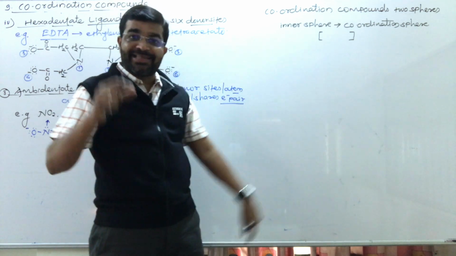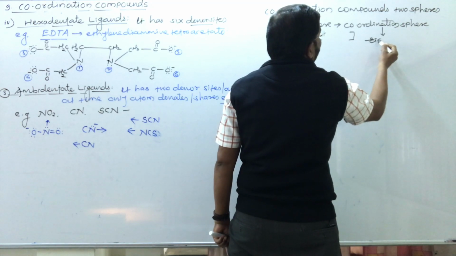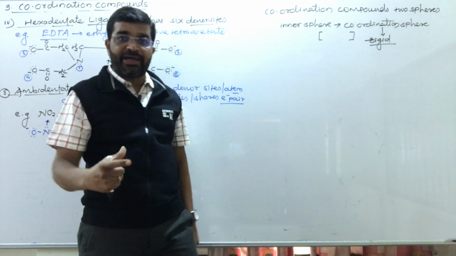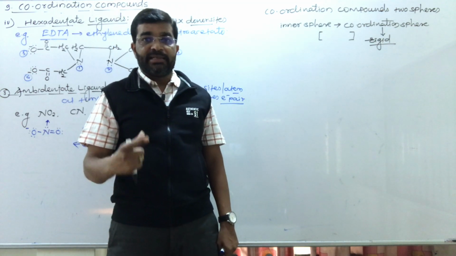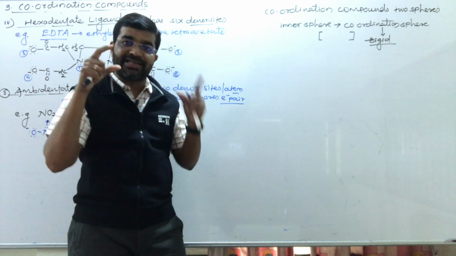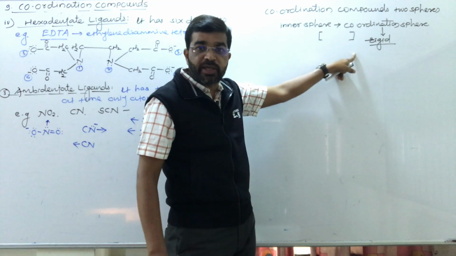This sphere is rigid. It does not undergo ionization. It is strong. The bond between the metal ion and the species is very strong. So the inner sphere is called the coordination sphere.